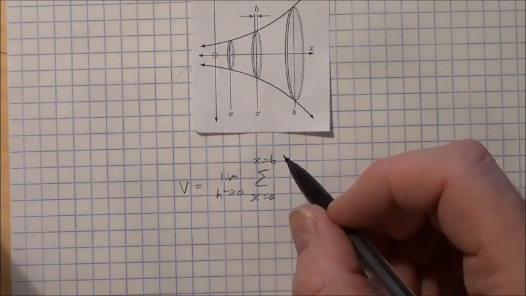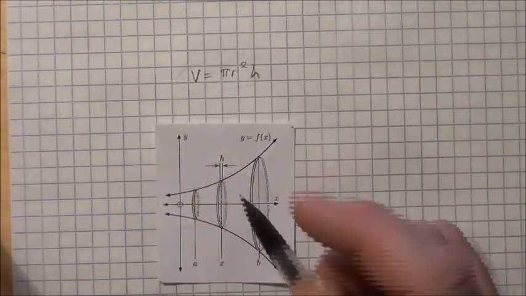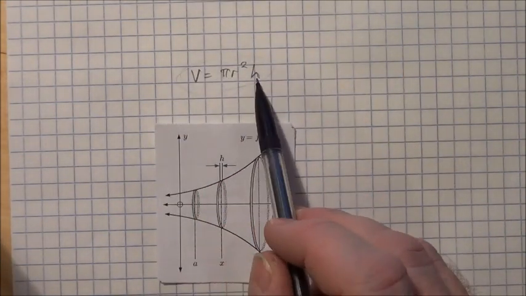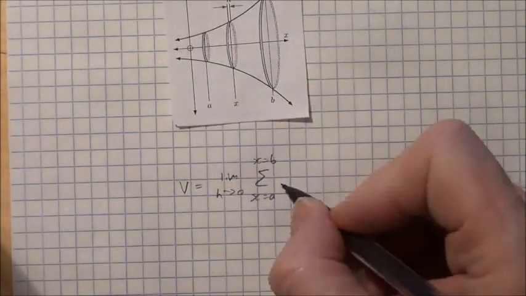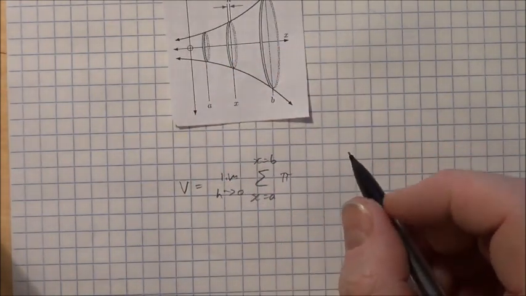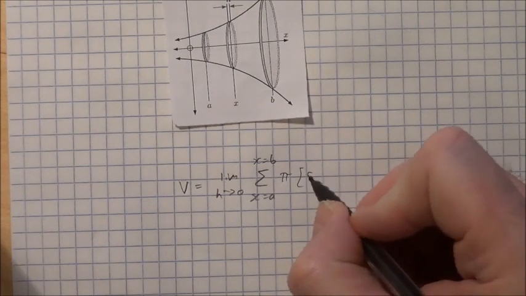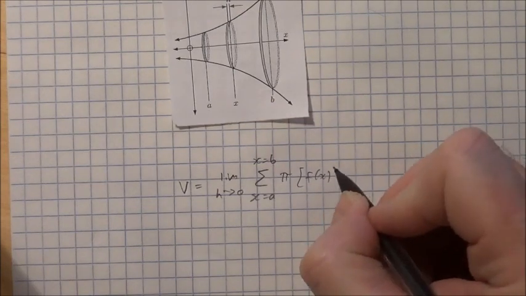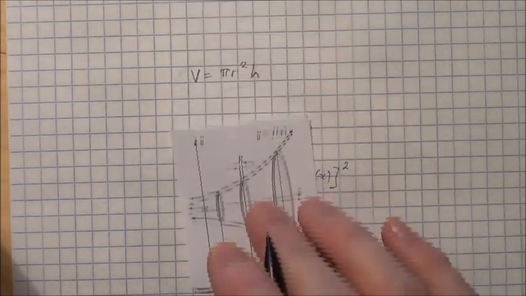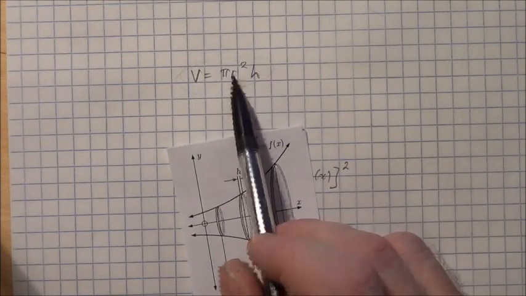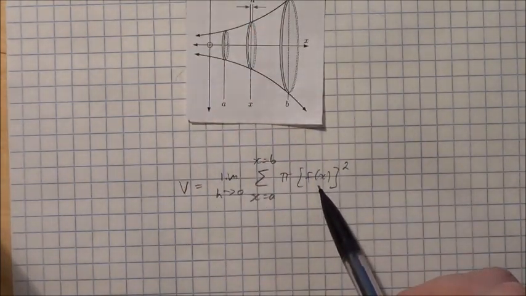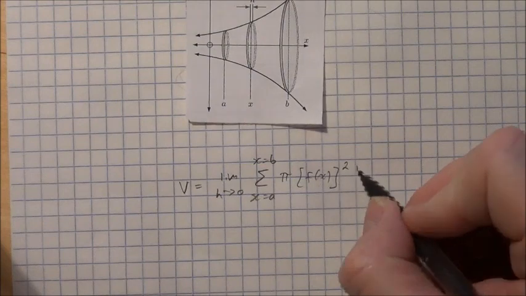And because we know that the formula for the volume is pi r squared h, we're going to have pi here, and the function is f of x squared, because it's pi r squared, and r is the function, multiplied by h.